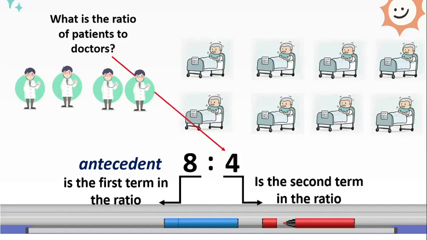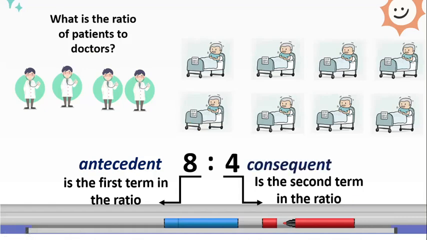So this is the second term in the ratio. So kung paano natin sinusulat ang ratio, tatandaan na titingnan natin yung sequence ng quantity ng ating pagkukumparahin. So dito, patients to doctors. So in mathematical term, the second term is also called the consequent.